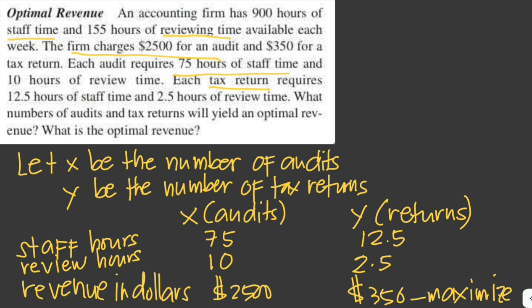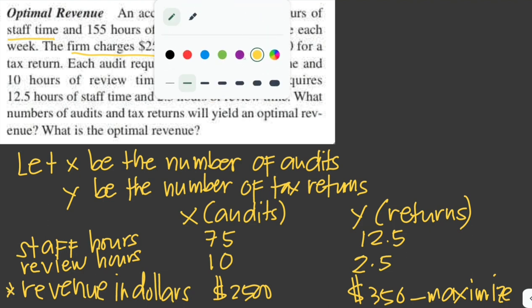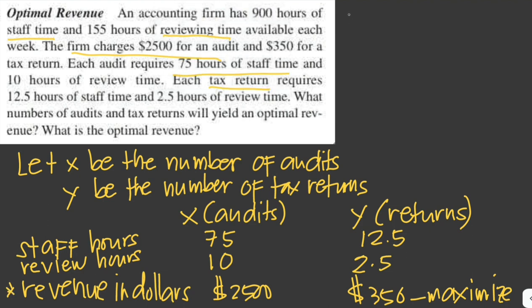So from here, from our revenue in dollars, we can write our objective function. If you can still remember from the previous video, it's in the form Z equals AX plus BY. You can use Z or any variable you want. You can use R for like a feasible region.